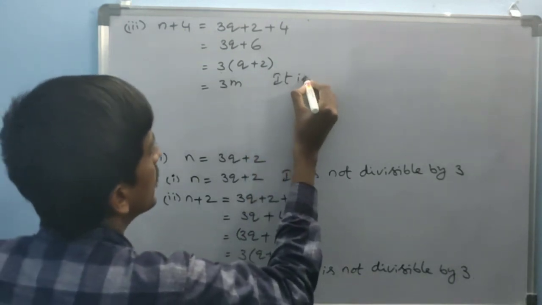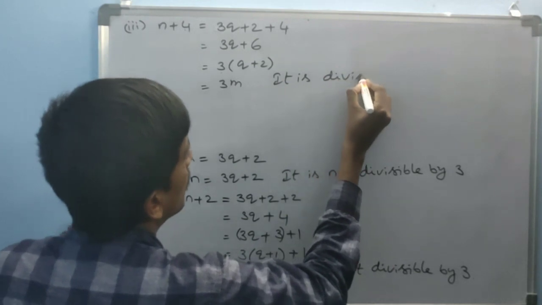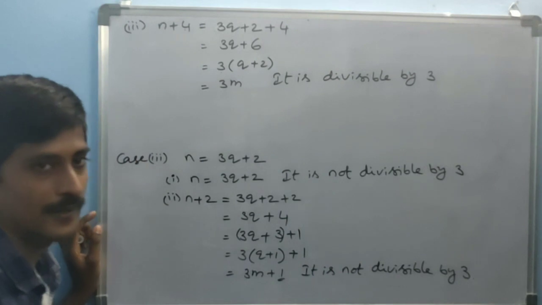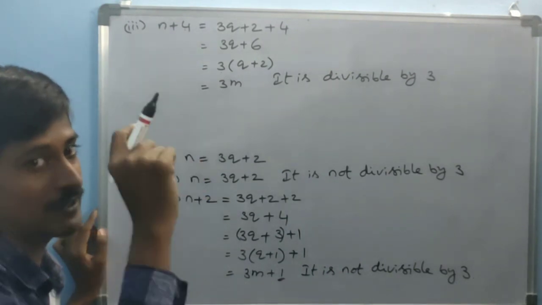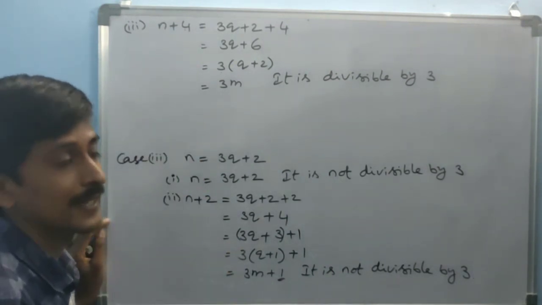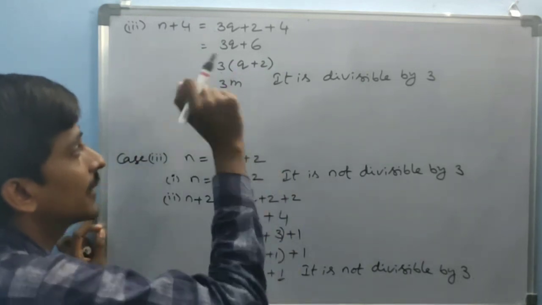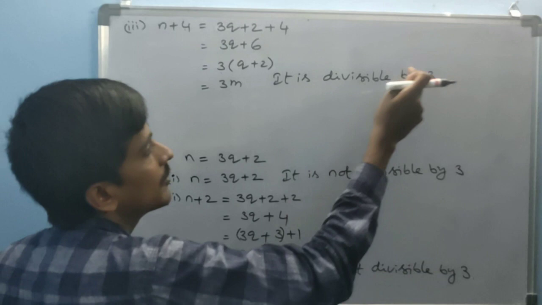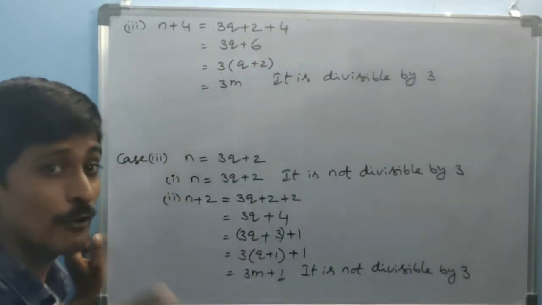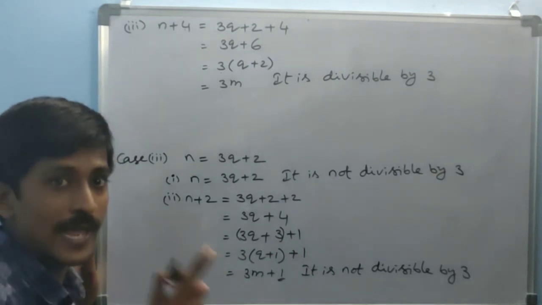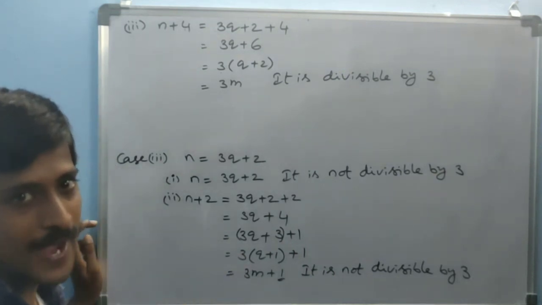So it is divisible by 3. In the first case, the first one is divisible by 3. In the second case, the second one is divisible by 3. In the third case, the third one is divisible by 3. In each case, one and only one out of n, n plus 2, n plus 4 is divisible by 3.